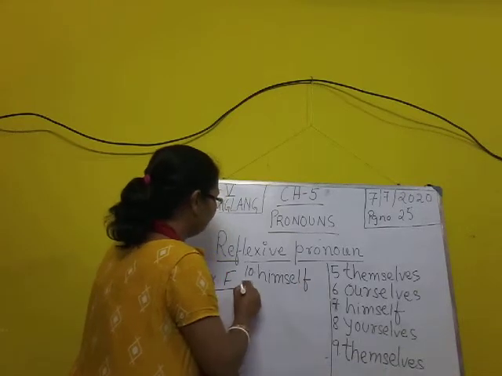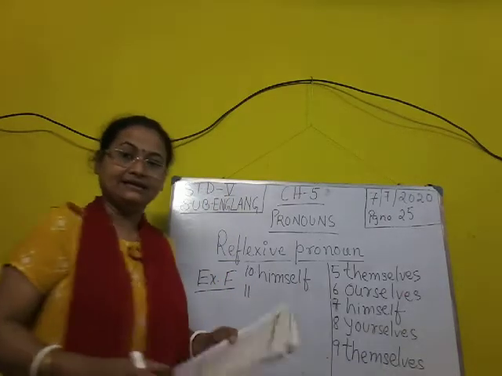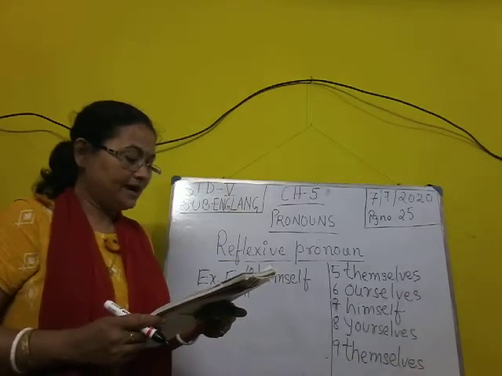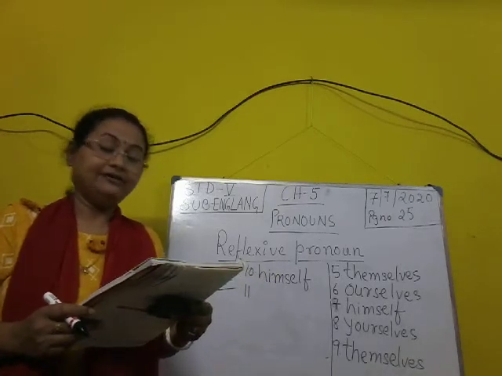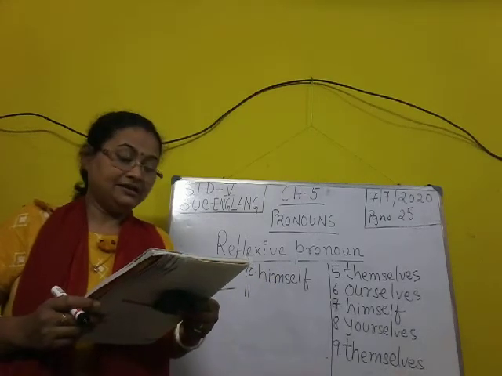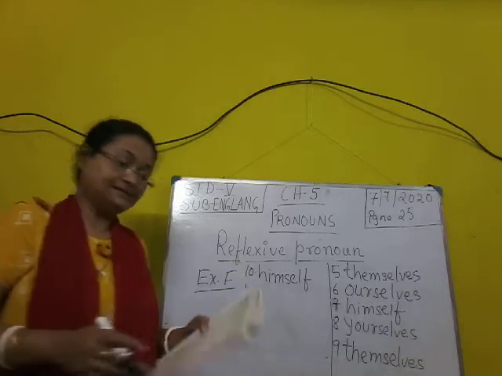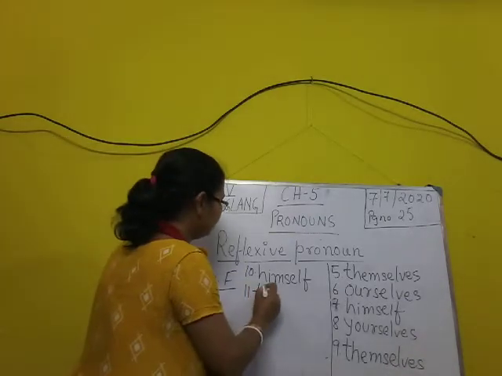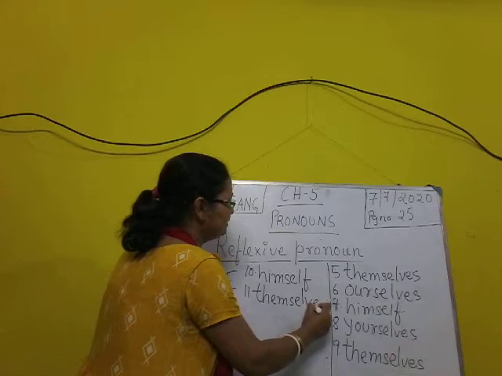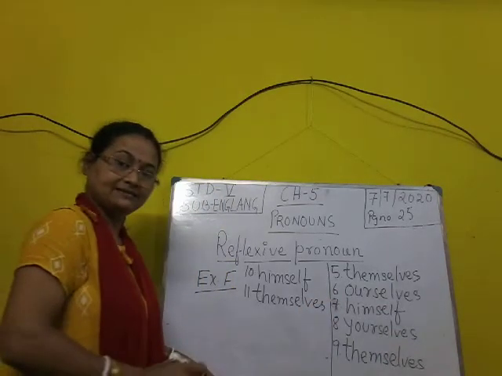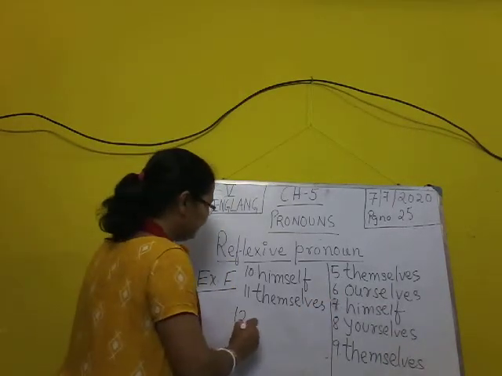Then come to number 11. Read out the sentence. My friends introduced blank to my parents. My friends, so introduced themselves. Then number 12.